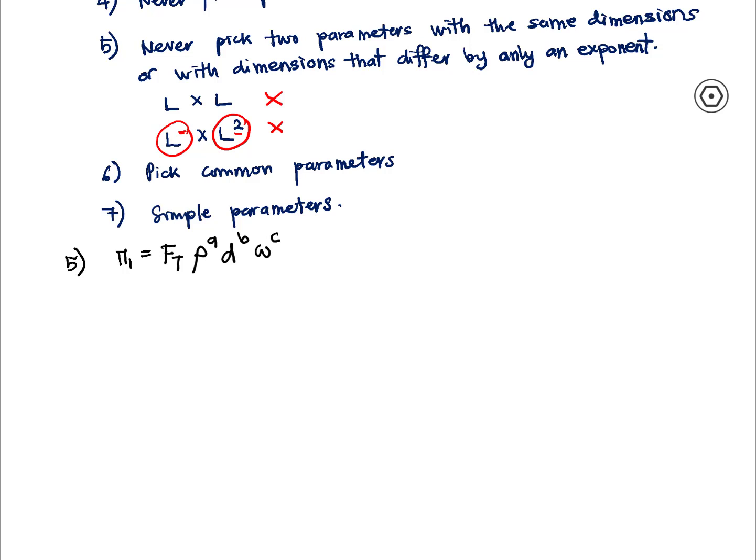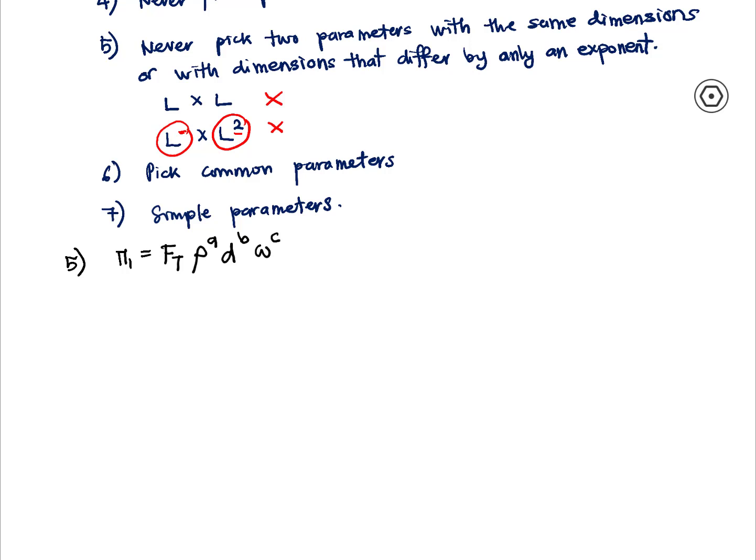It doesn't matter what letters you put for the repeating variables' powers, as long as you can differentiate between a, b and c.